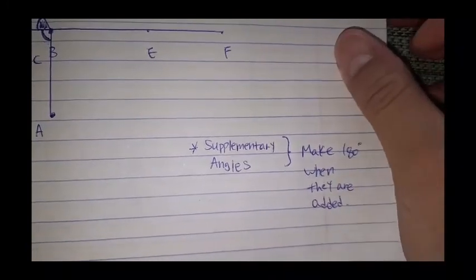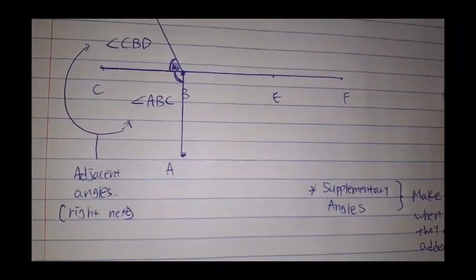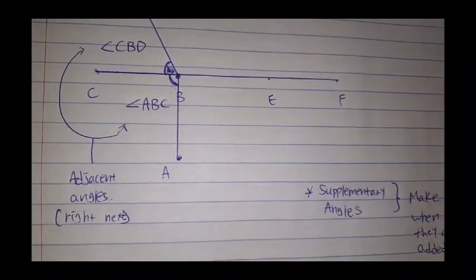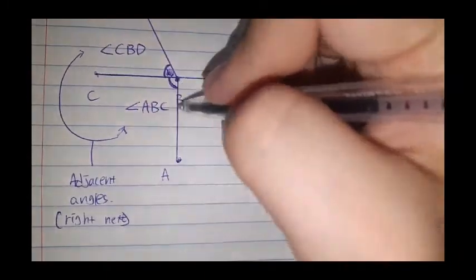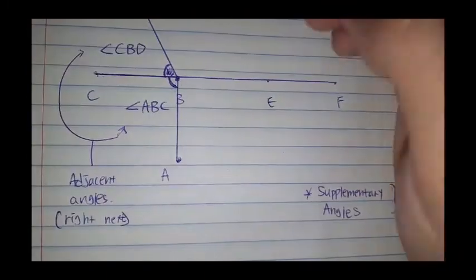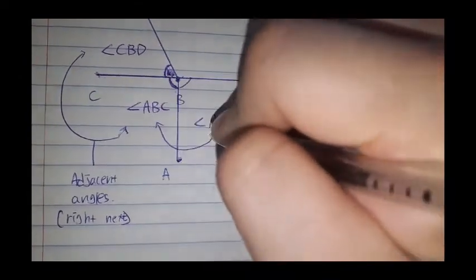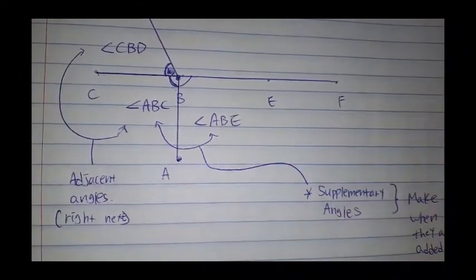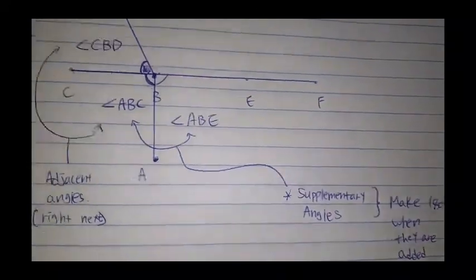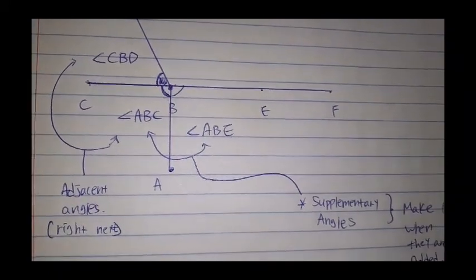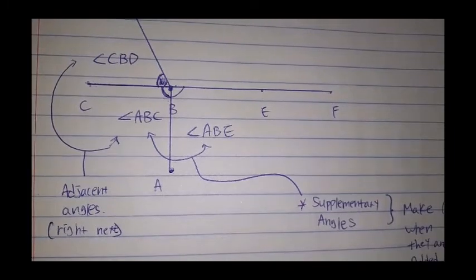So for instance, if I look at the angle ABC, and if I look at angle ABE, these two angles are considered supplementary angles because they create 180 degrees.